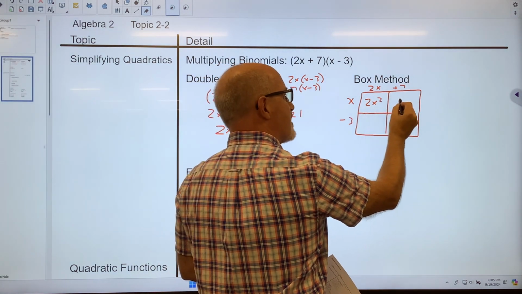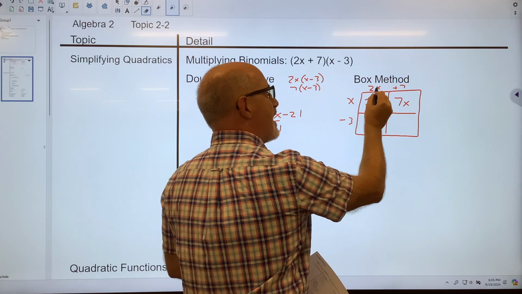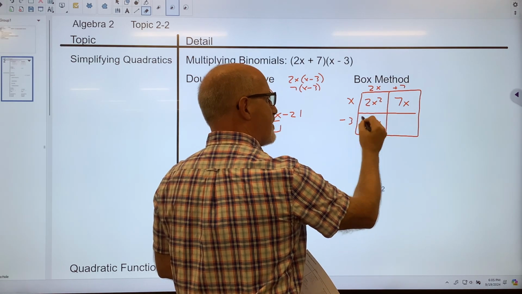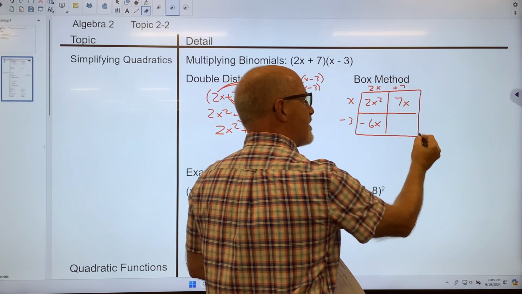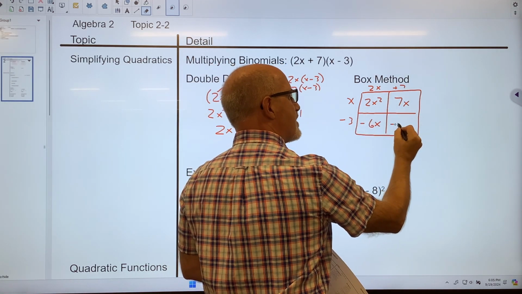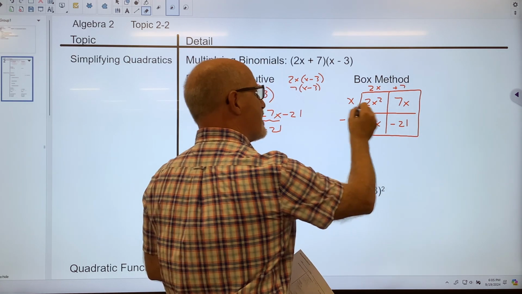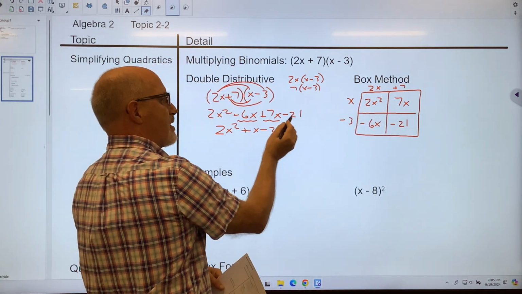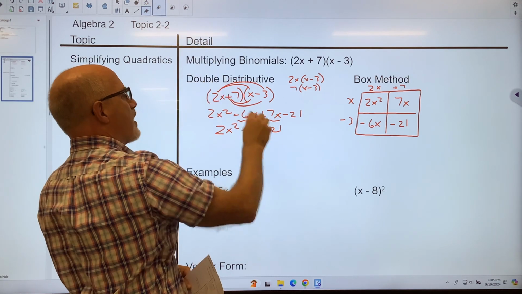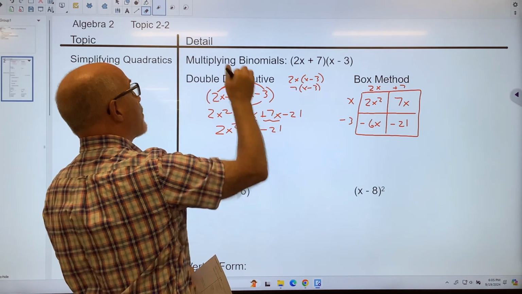So x times 7 is 7x. And then 2x times the negative 3 would be negative 6x. That's the sides of this rectangle. And then the sides of this rectangle are negative 3 and 7. Negative 3 times 7 is negative 21. Notice that gives me the same terms as I use here in order to simplify it and just organize that problem.